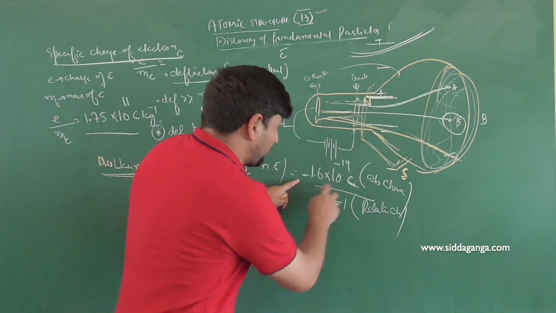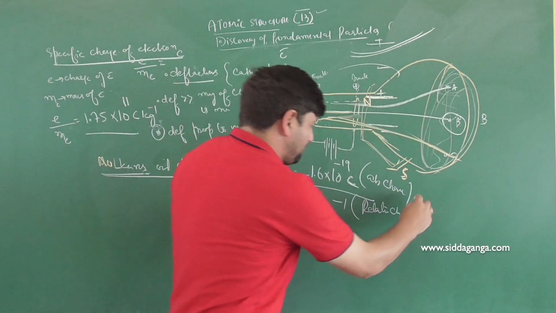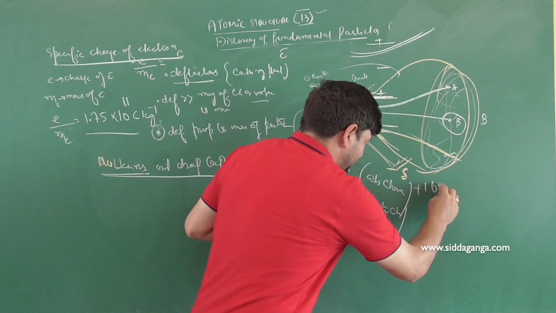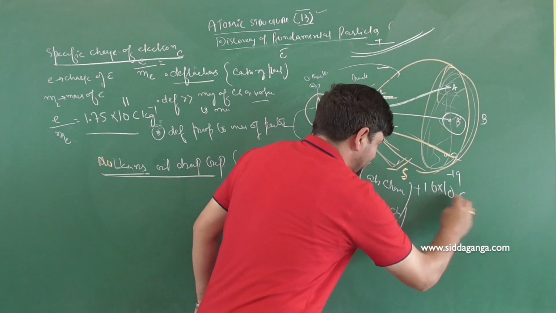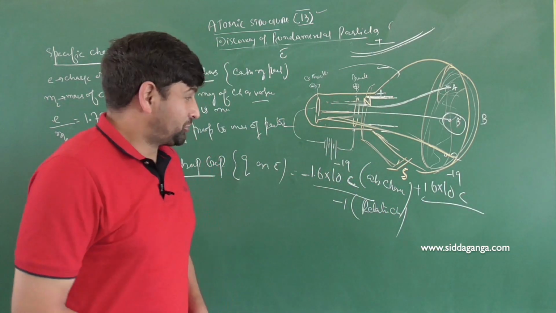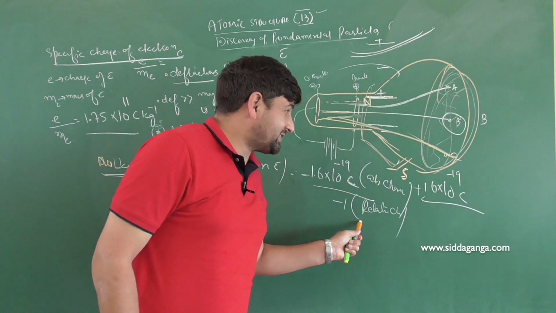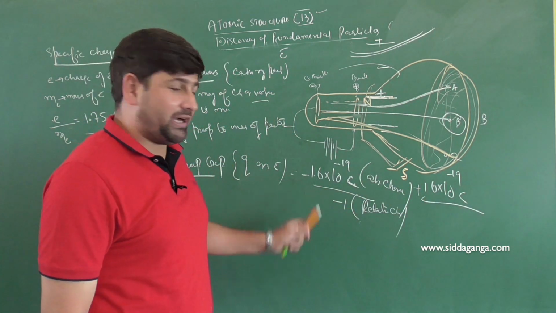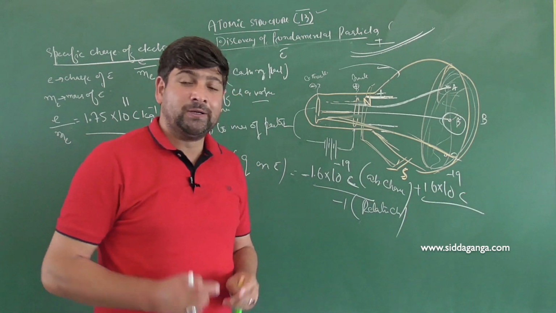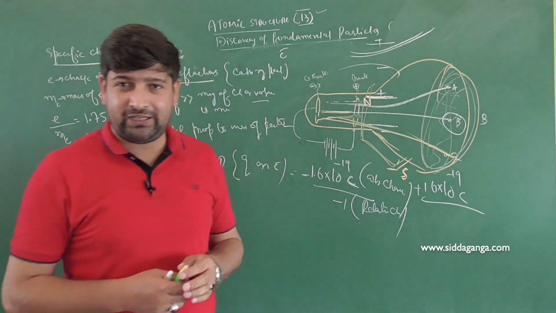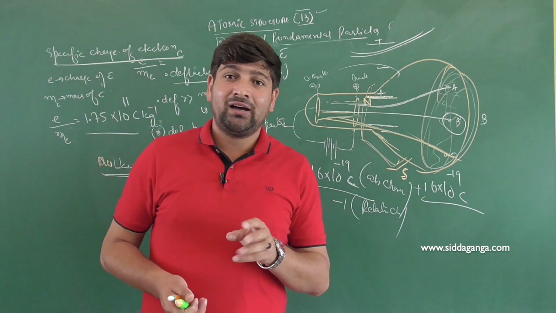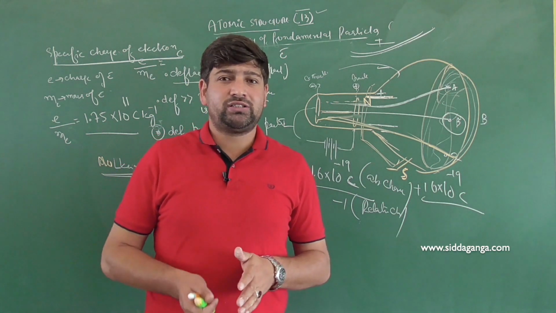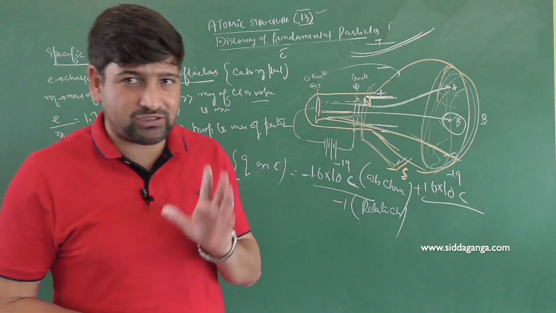The charge of the proton, which was found by another experiment, will be plus 1.6 into 10 to the power minus 19 coulomb. So absolute charges can cancel. If you find the ratio of these two charges, for electron it will come minus 1, for proton plus 1. So plus 1 and minus 1 that we write are the relative charges, but 1.6 into 10 to the power minus 19 coulomb is the actual charge.